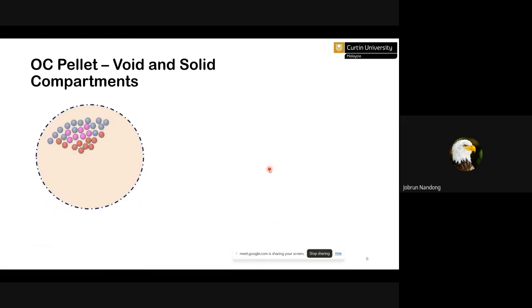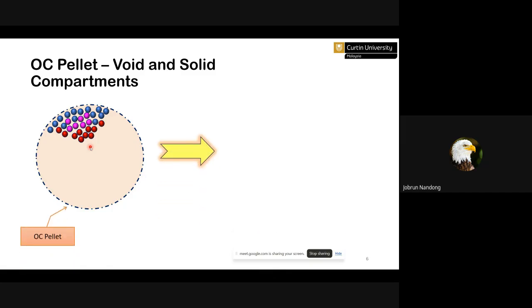Okay, let's imagine again we have a pellet. Inside the pellet, we have many grains, and we can have different types of grain. We can have Fe2O3, we can have Fe3O4, or we can have FeO, or also actually in practice we can have iron, metallic iron as well. But here we just stop at FeO, just to simplify the presentation here.